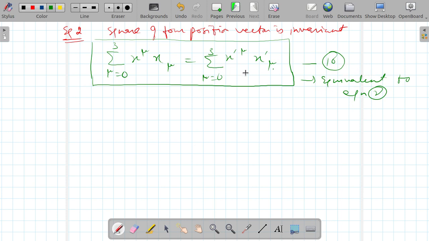Now again reconsider this equation. If I reconsider this equation, then this can be written as the summation over mu from 0 to 3 of x mu, and it can be written as the summation of g mu nu x nu. Here I have used equation number 4.